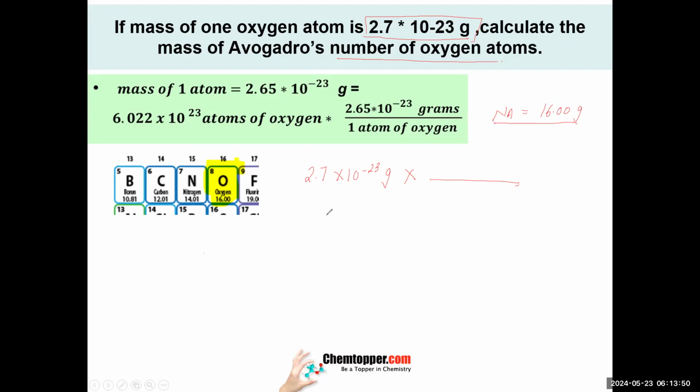Oh, okay. This is the mass of one atom. Okay, they are asking you to calculate the mass of Avogadro's number of atoms. So this is the mass of one atom. So Avogadro's number of atoms will be taken first, and then you plug in this ratio and you will get the answer as, okay, Amodita is saying 15.96.